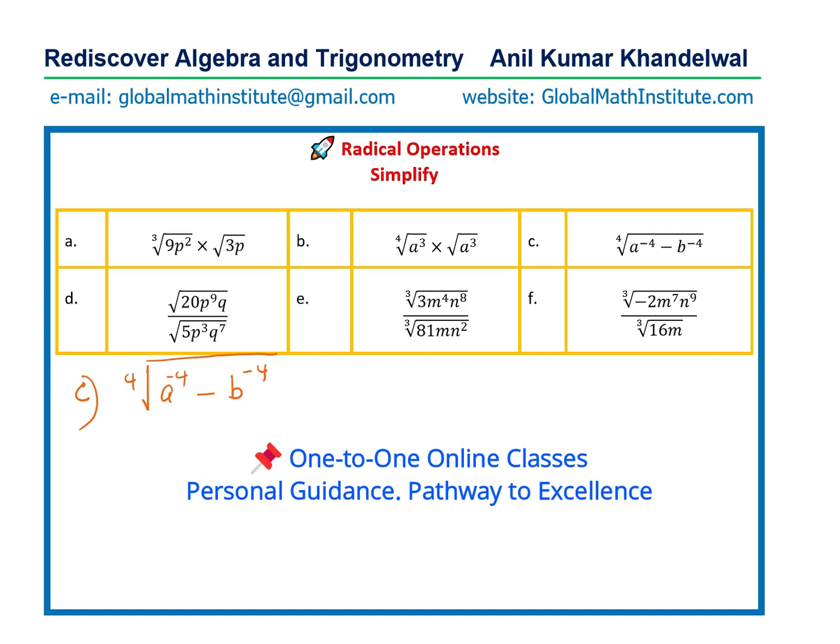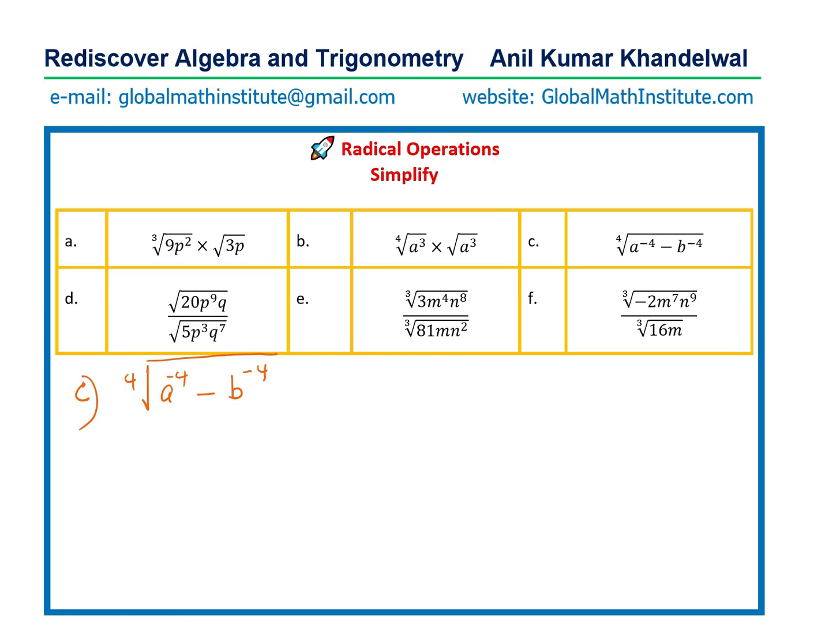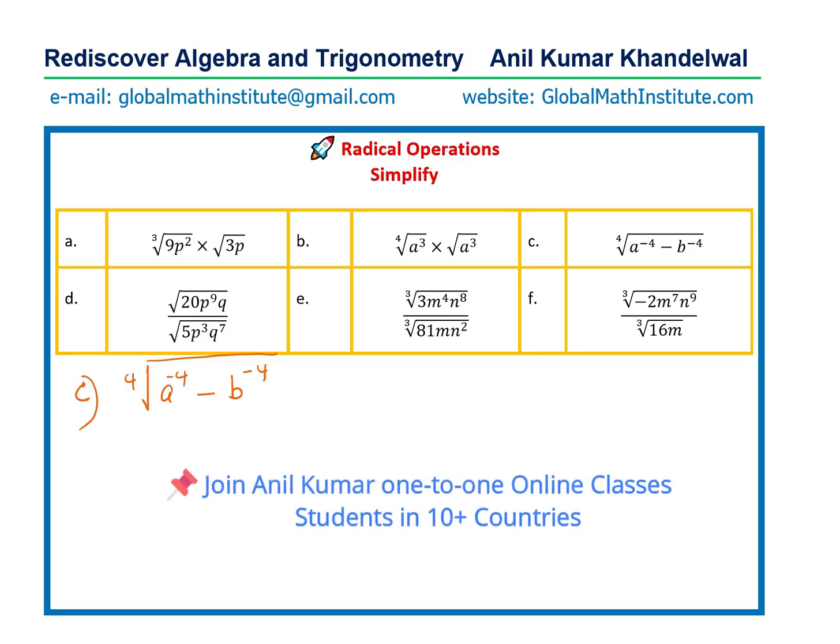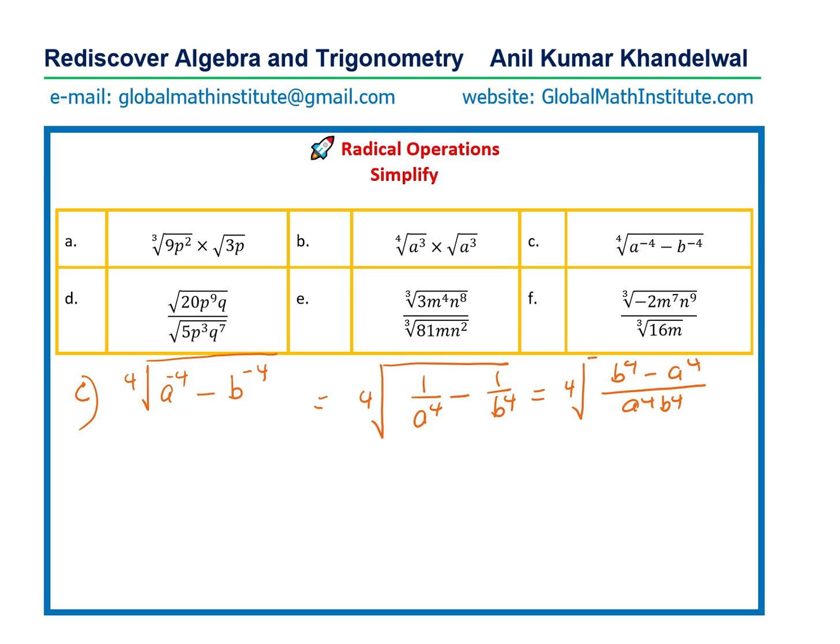Now, since it is 4th root of something with a to the power of minus 4 and b to the power of minus 4, you really can't do much here except for rewriting this as 4th root of 1 over a to the power of 4 minus 1 over b to the power of 4, right? And now you can take the common denominator. So a to the power of 4, b to the power of 4, and you get b to the power of 4 minus a to the power of 4.